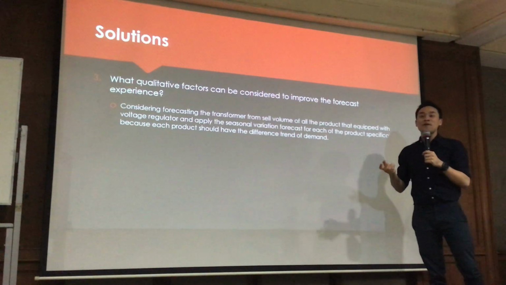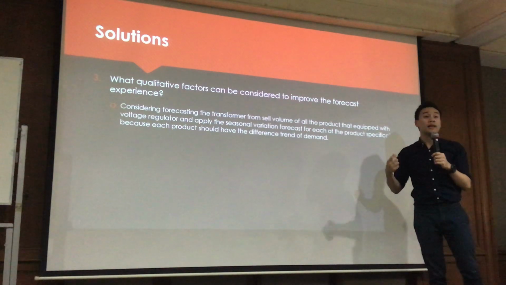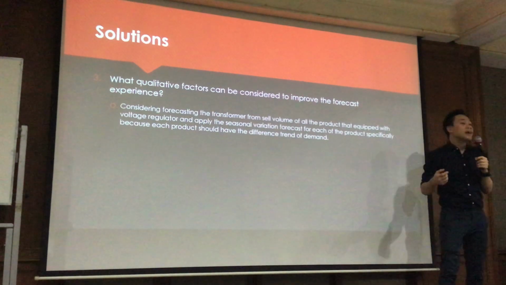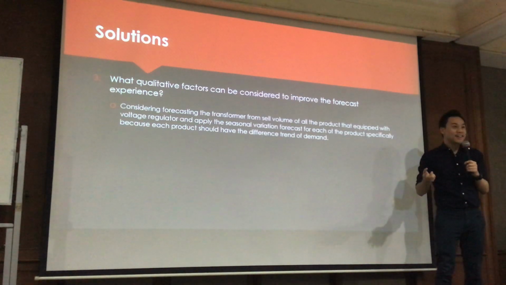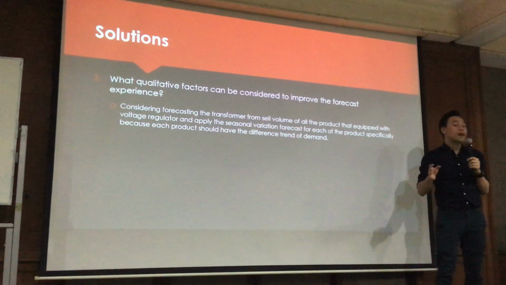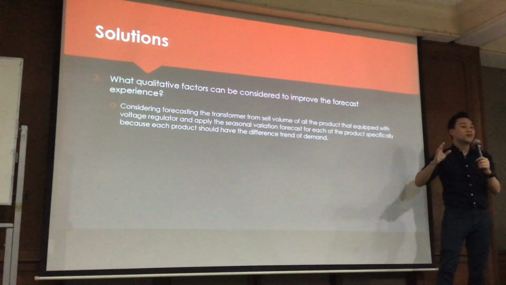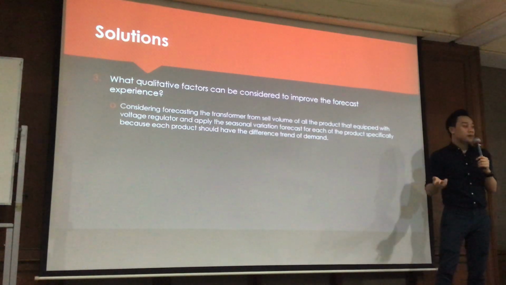But as you know, the voltage regulator is actually equipped with other equipment that is sold by this company as well. So if they only forecast from the voltage regulator, they're gonna experience a shortage in the future for sure, because this is just for some groups that require the transformers.